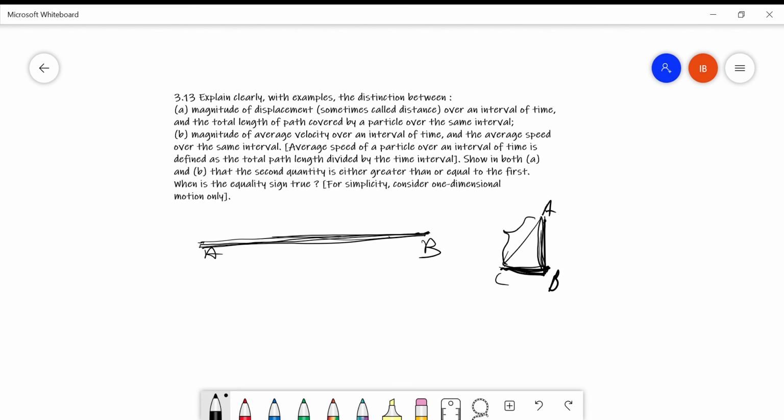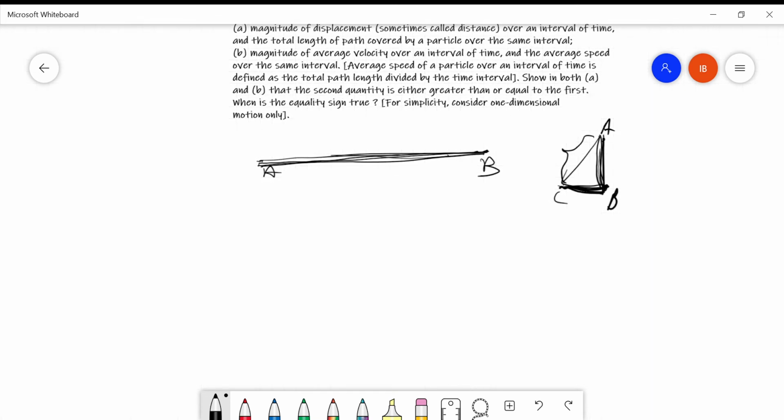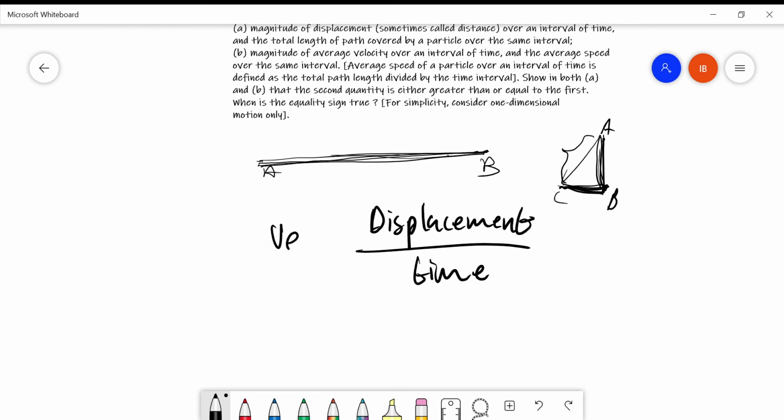Then magnitude of average velocity over an interval of time and the average speed of the same interval. Magnitude of average velocity, that is displacement by time. But average speed is distance by time. That's the difference.